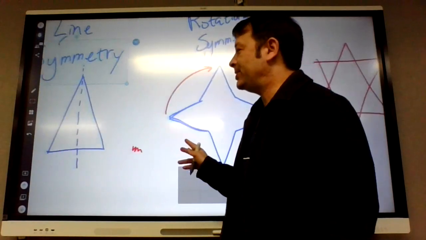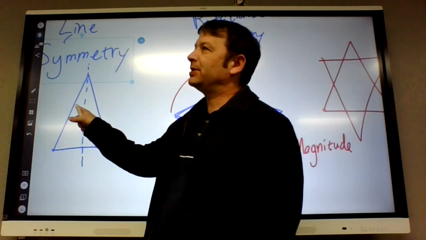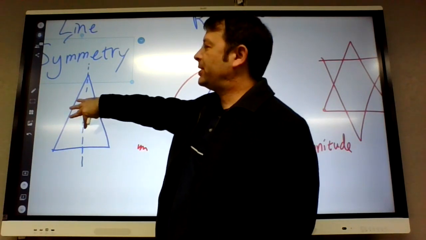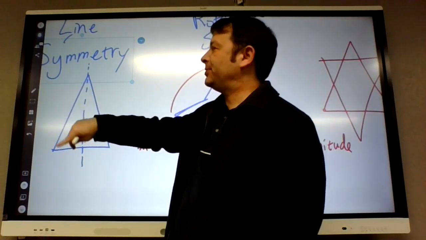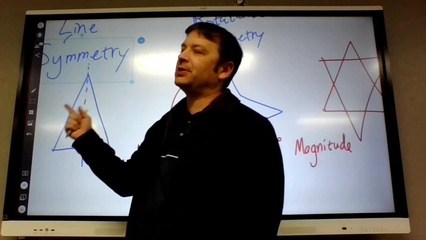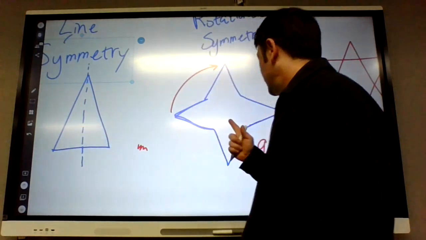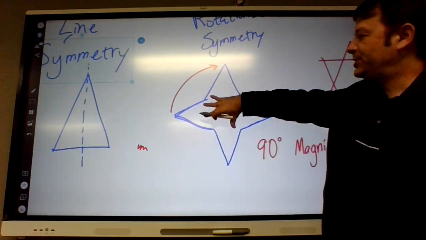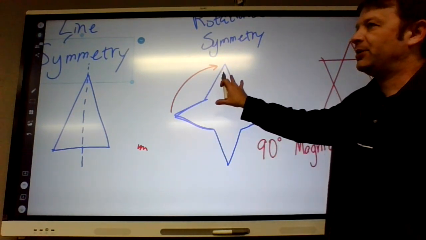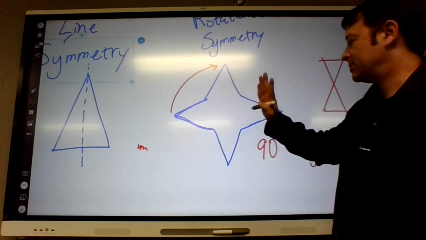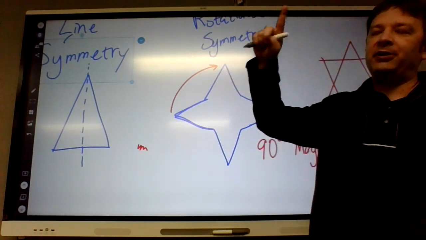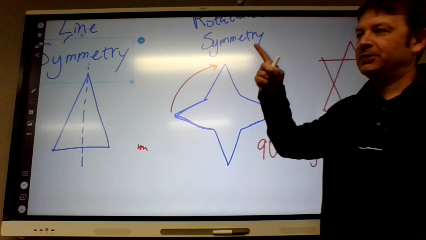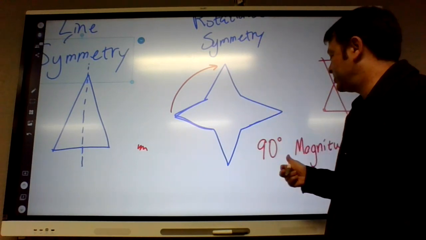Does this image have rotational symmetry? No, 360. Everything looks the same if you turn it 360, so that doesn't count. It's got to be less than 360. So this has 90-degree magnitude. How many times could we turn it and it looks the same before we get all the way back around? 4. Counting the fourth one, that would be 4.